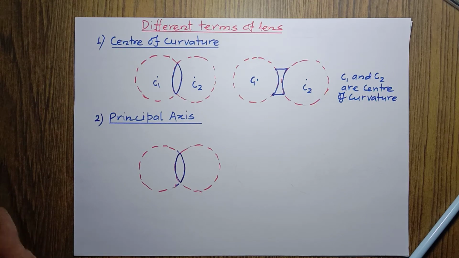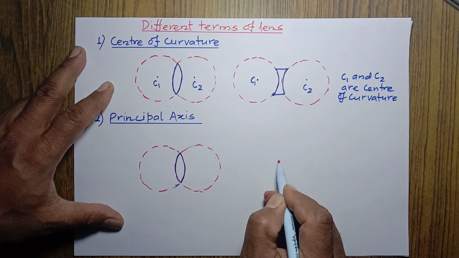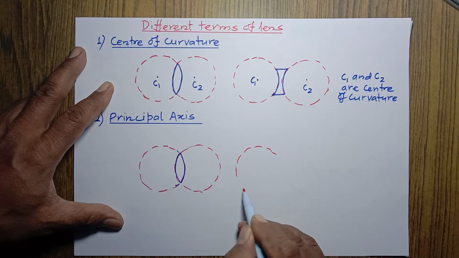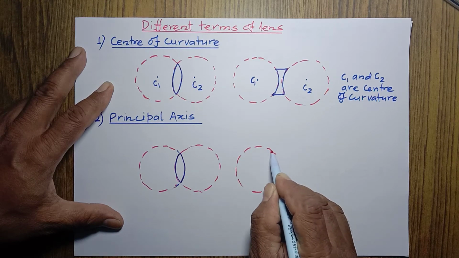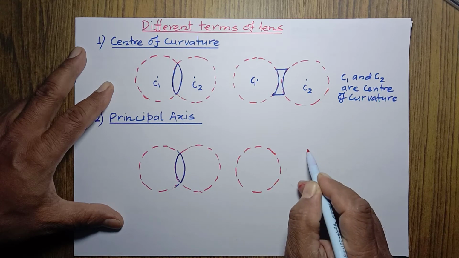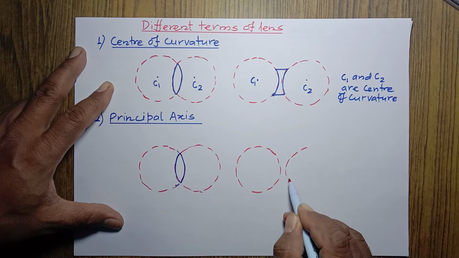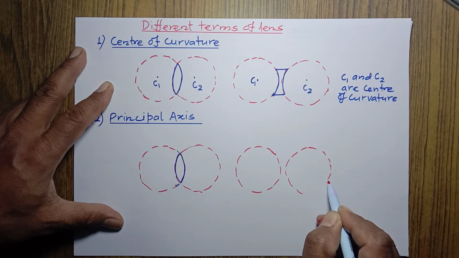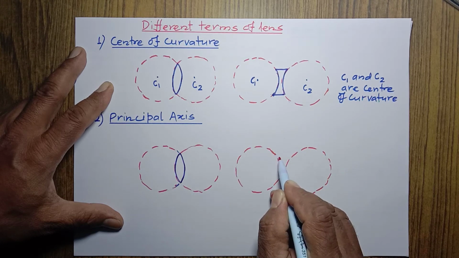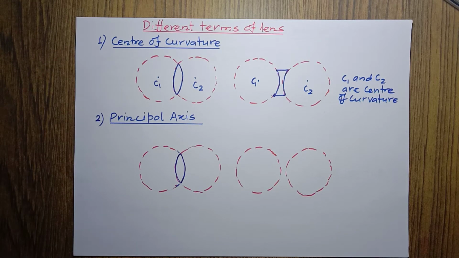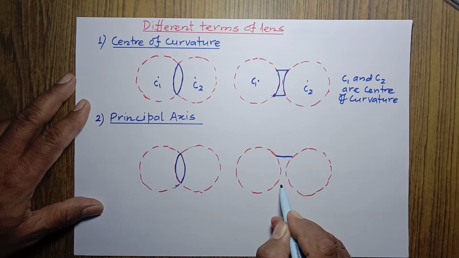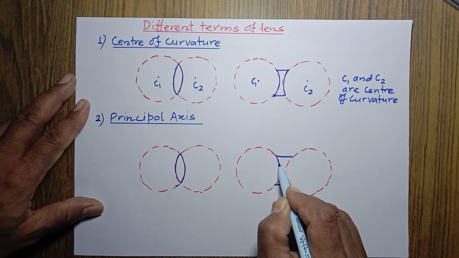In the same way, here is another glass sphere, and when one portion of these two glass spheres is taken, another lens forms here.